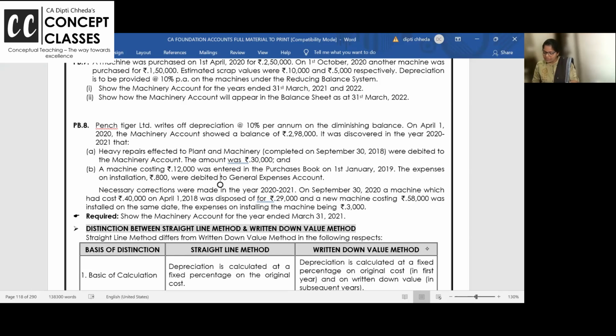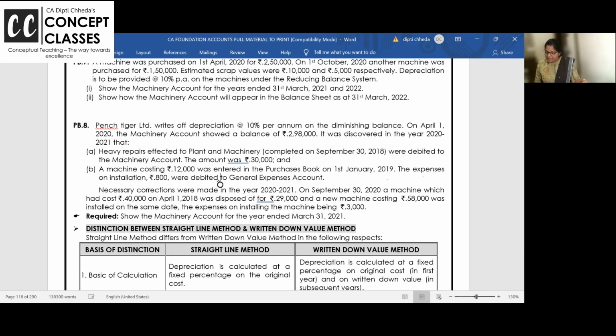Some major repairs were completed on the 30th of September and debited to the machinery account, and the amount was 30,000. Next, a machine costing 12,000 was entered in the purchase book as on 1st January. The expenses on installation also went. So, there is some mistake in the plant and machinery account, so there is rectification of errors also.